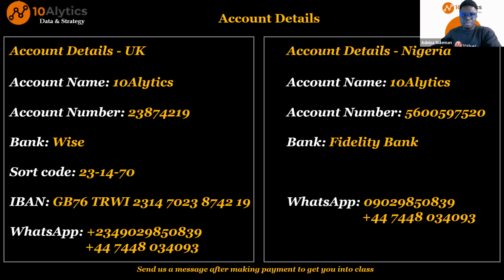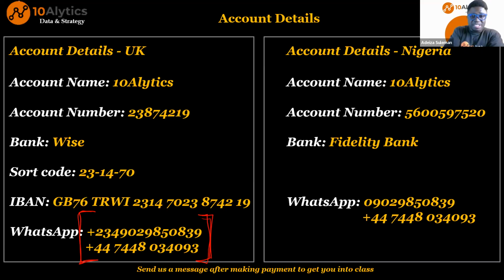All right, Miracle, not a problem at all. What I always advise is that you take down our number. You can take a screenshot of this page or just take down our number and send us a message. The easiest way to book your slots is to make a payment to join the program.